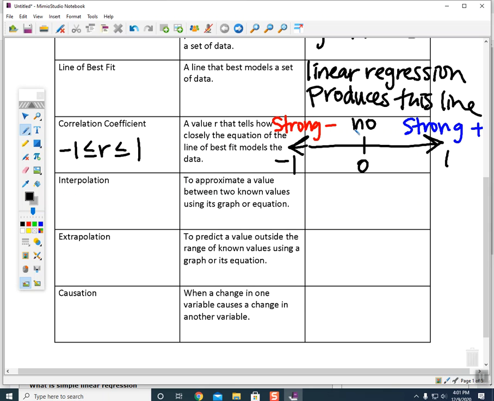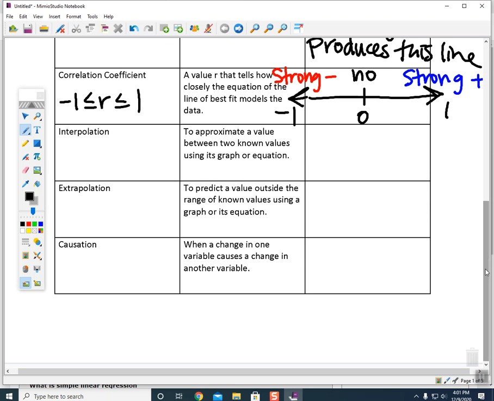So the next two are some processes that we do. So the first one is interpolation, and interpolation is when we approximate a value between two known values using its graph or equation. So when I think of interpolation, I think of the word interior.